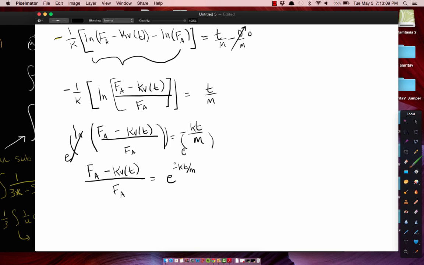Okay? And then we're going to simplify this left-hand side a little bit. So f_a over f_a is the same as 1. So we're going to say 1 minus k v(t) over f_a is equal to e to the negative kt over m.